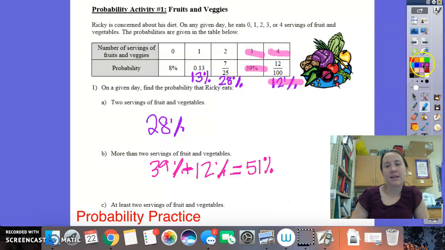So similarly, this last question says at least 2. At least includes 2. It's a minimum of 2. Like if I say you have to be at least 16 years old to get your license, you can't be less than 16, but you could be 16, 17, 18, and older. So it includes 2. That means I was already at 51% for 3 servings or 4, and to that, I'm going to add the 28%.